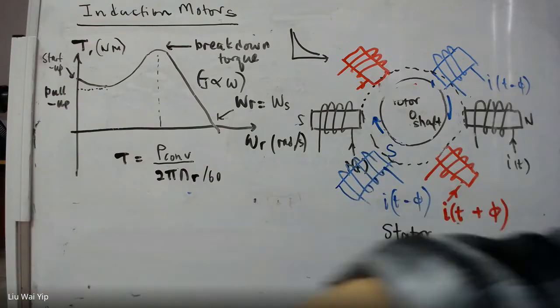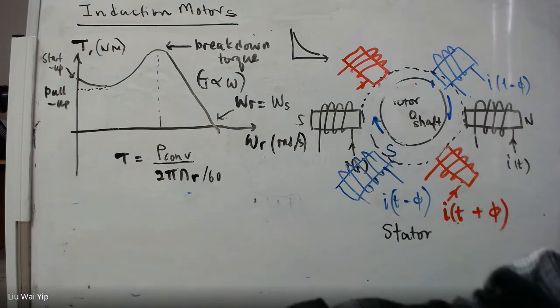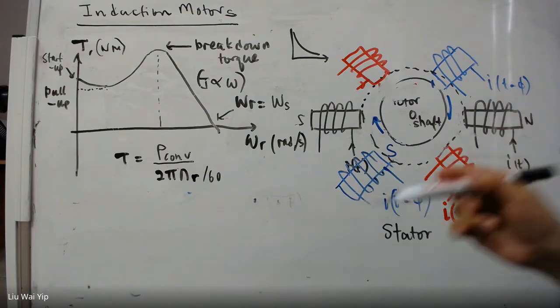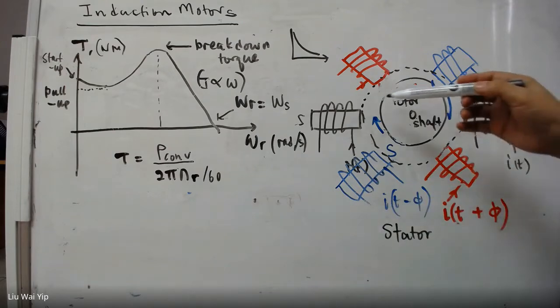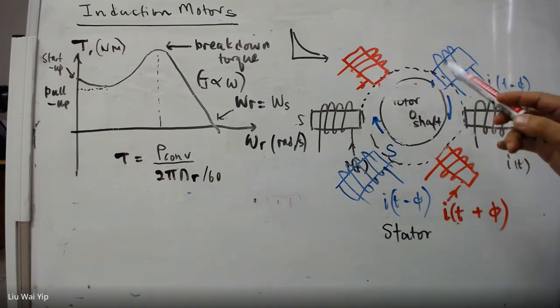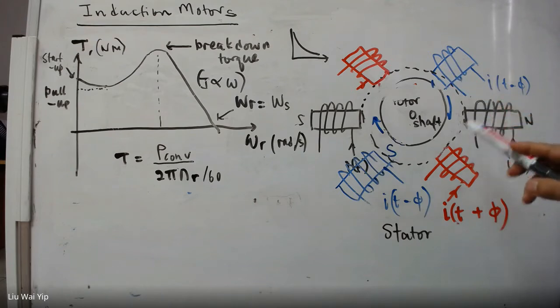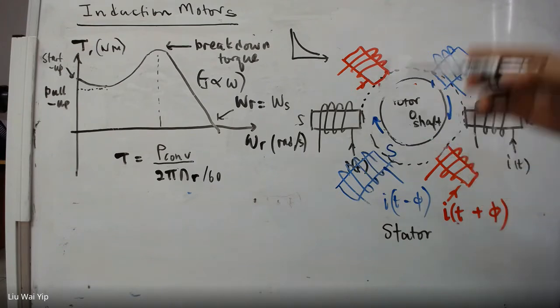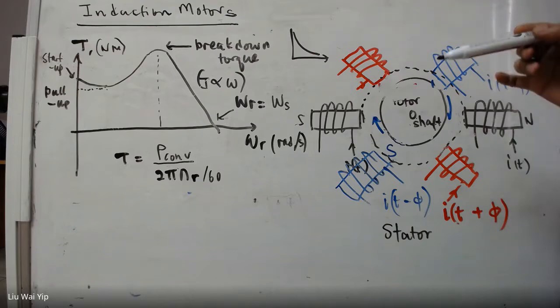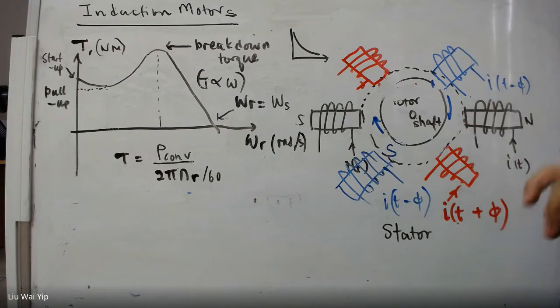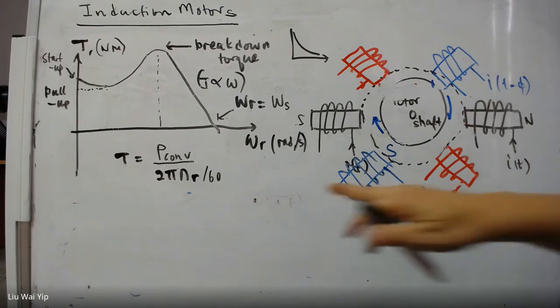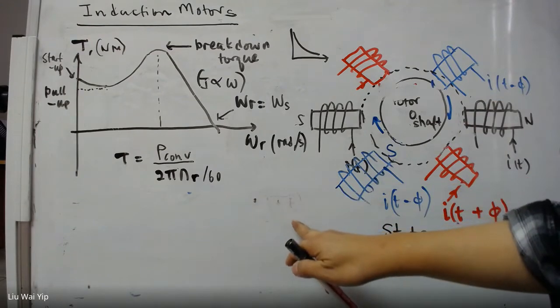So the stator itself can be modeled as a primary of the transformer. And then how about the rotor? The rotor is driven into motion, and so this is the only difference between the rotor and the secondary of the transformer.